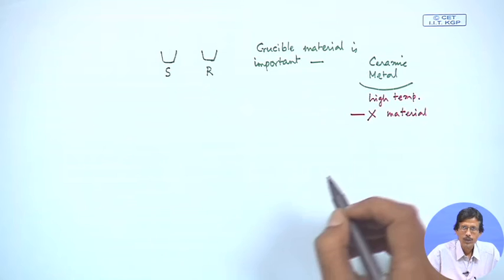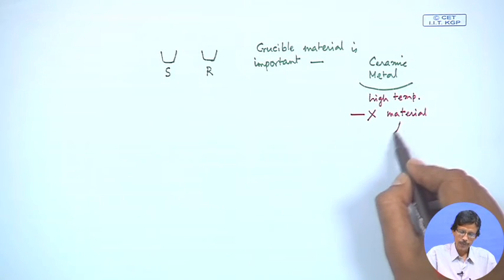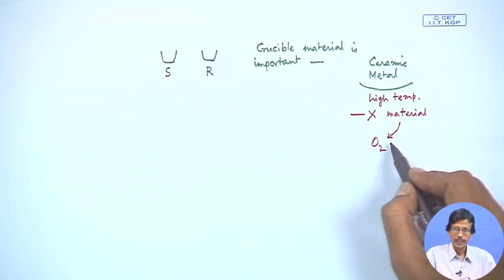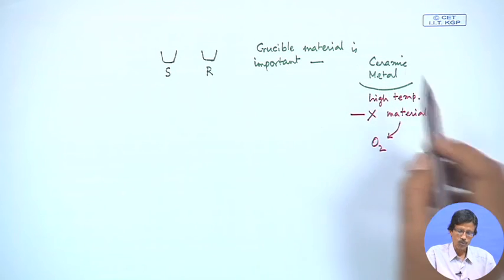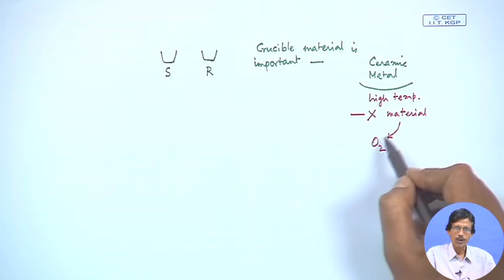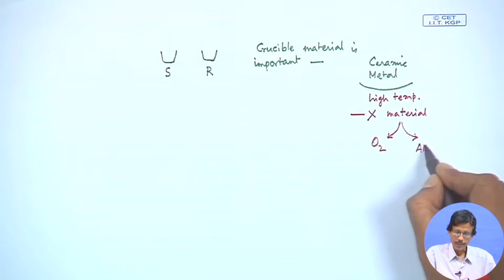That means, at a high temperature some material we are using, and sometimes in the presence of air and oxygen we heat it. But if that particular crucible can react with this material, it can give you a complex oxide, or sometimes it can give rise to alloy formation.